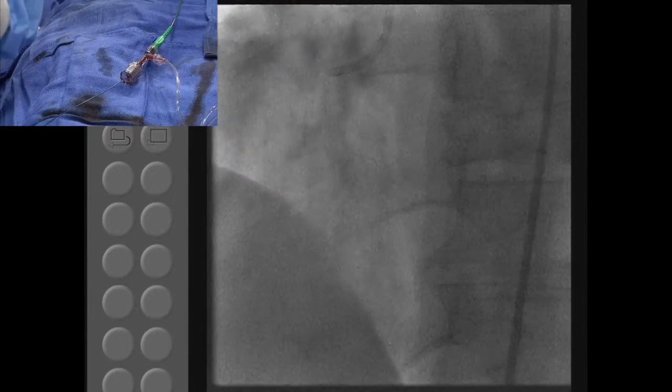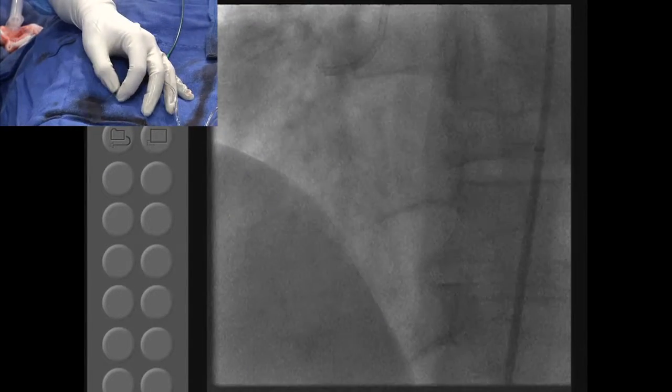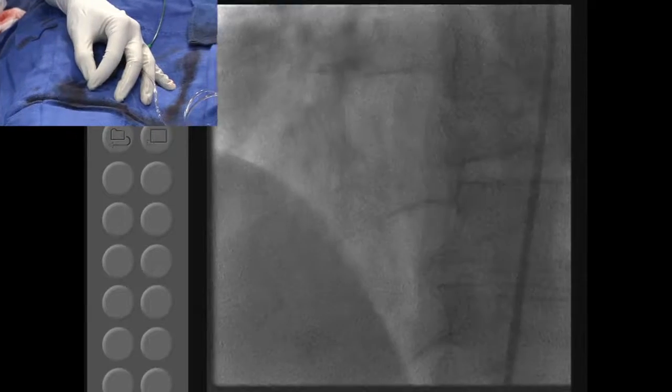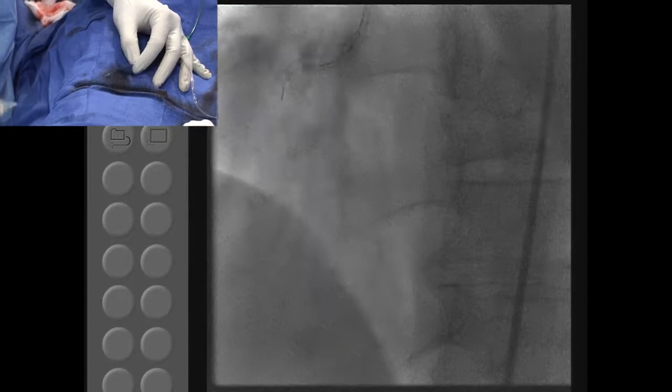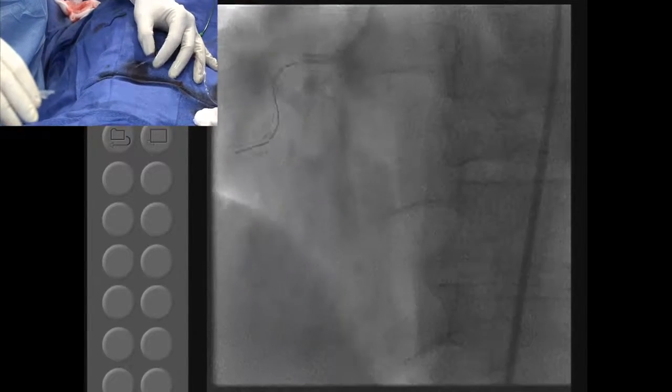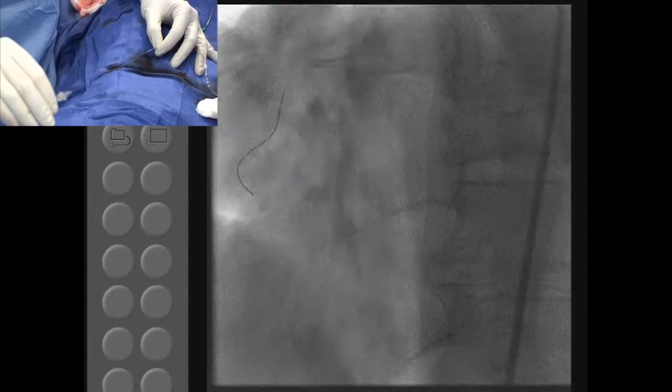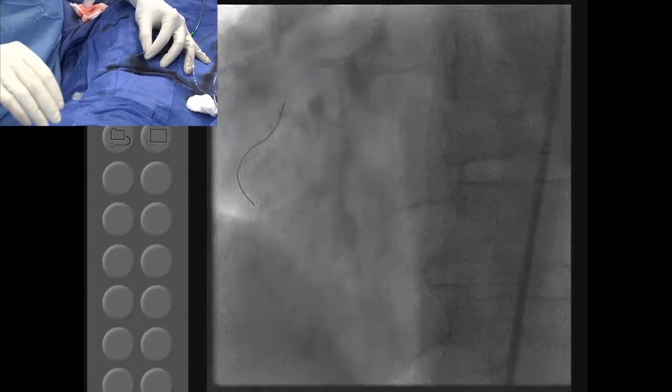Clearly, the question is whether these newer agents, in particular ticagrelor, have secondary prevention abilities post-MI? Absolutely.